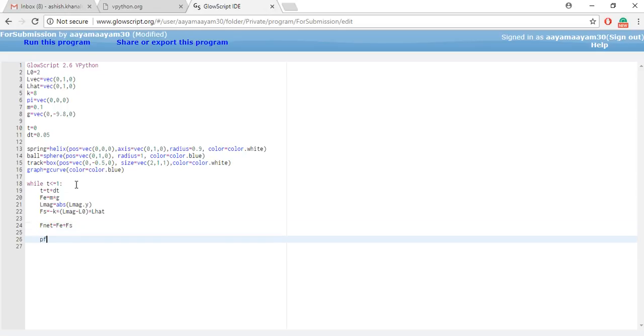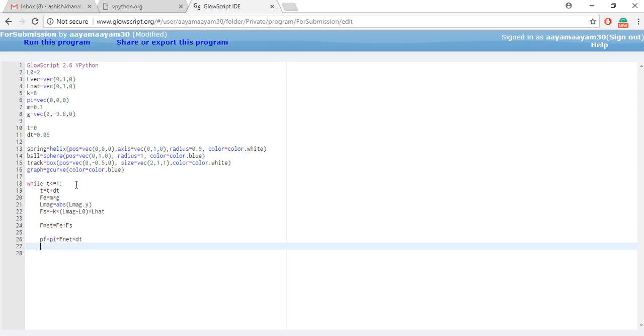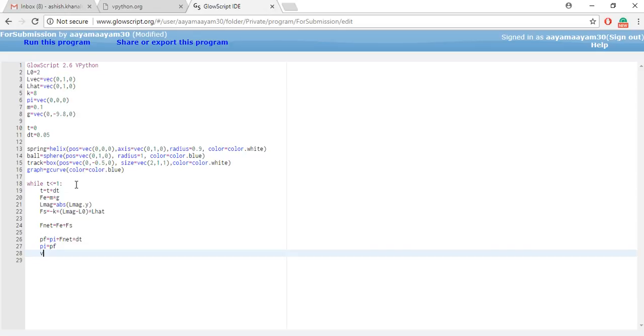The final momentum Pf is given by Pf equals Pi plus F net times dt. For the next iteration, the final momentum here will be the initial momentum, so Pi equals Pf.